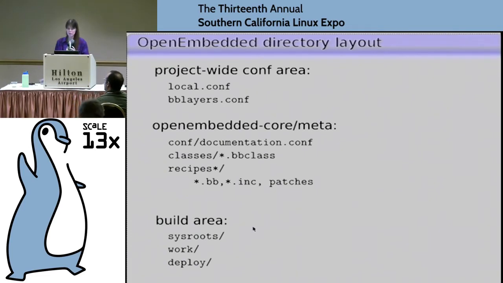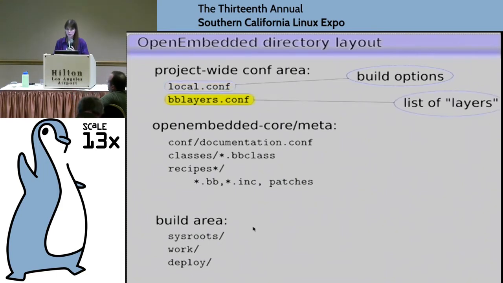So one of the important areas is your project-wide conf area. That'll be a directory somewhere. And it has two critical files in it. The first is called local.conf, and this has global build options. It's a great way to control things that apply across your whole build.